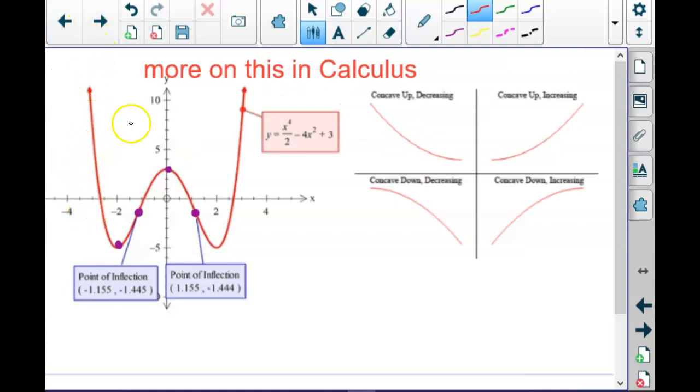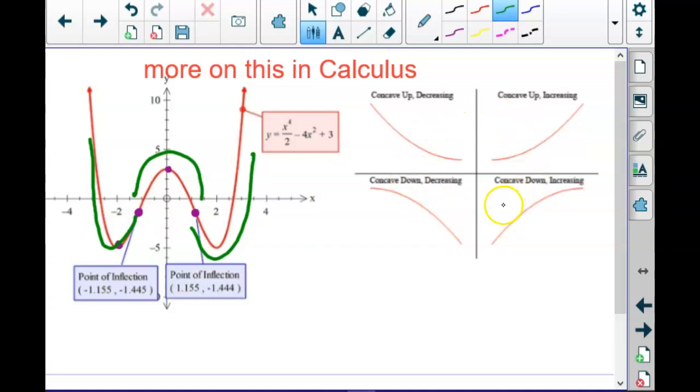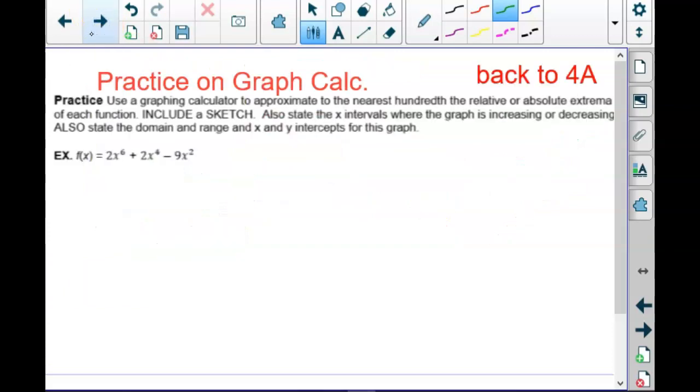On this picture, this is up, this piece would be down, and this piece would be up. We're not going to do this. This is more something you do in calculus, but you will have concave up but decreasing, concave up but increasing, and so on. We're not going to worry about that.